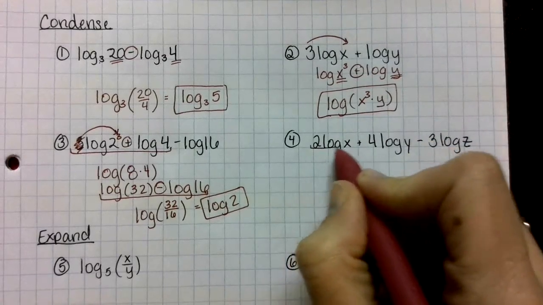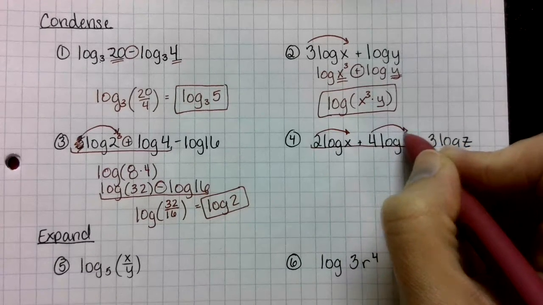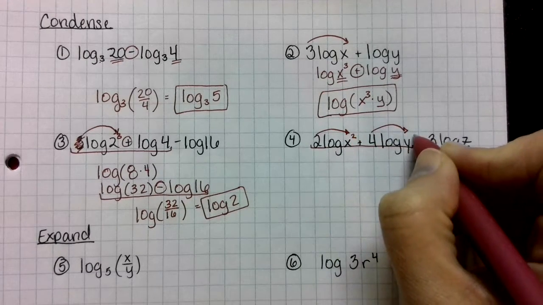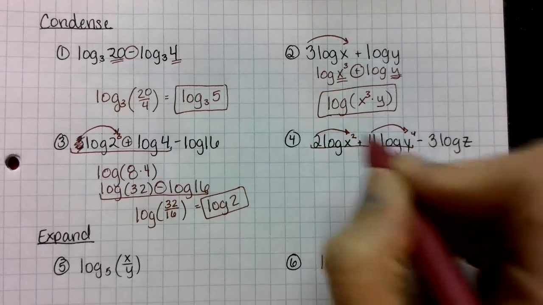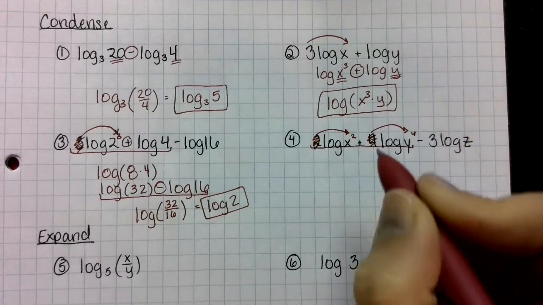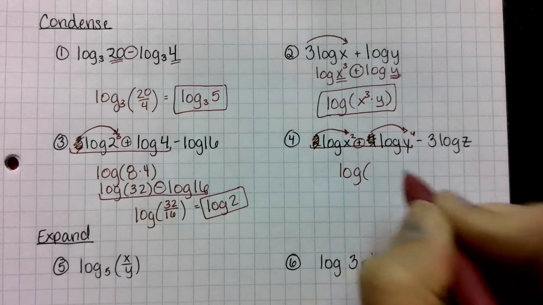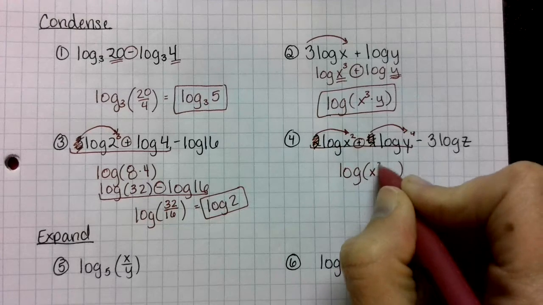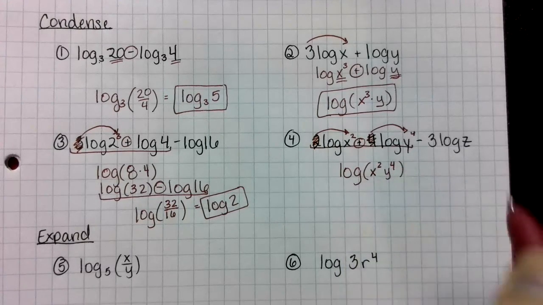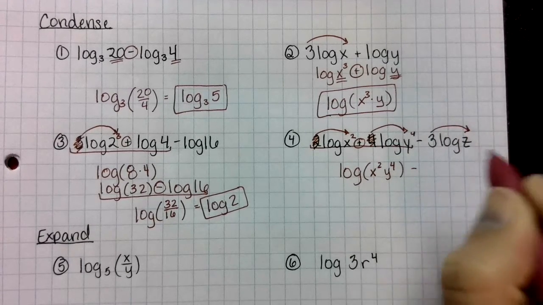So we're going to do the same thing here. Start with the first two. I'm going to move up my 2 and move up my 4. So that makes this x squared and y to the 4th. So now I've gotten rid of those leading coefficients. Plus tells me I'm going to multiply. So this is going to become log of x squared times y to the 4th. Then I'm going to put this one on, and I'm going to go ahead and move this 3 up also.